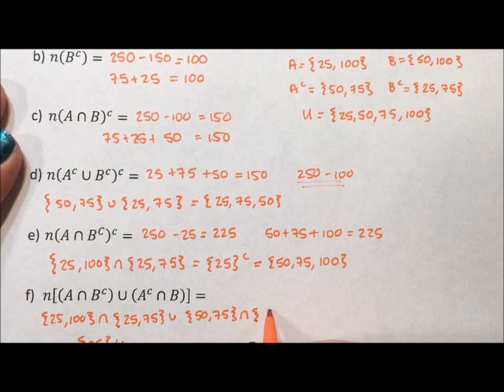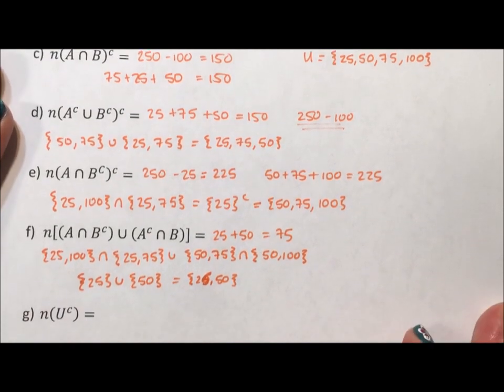Intersection B, which is 50, 100. So the intersection of these is 50. And the union of these is 25 and 50. So 25 plus 50 is 75.